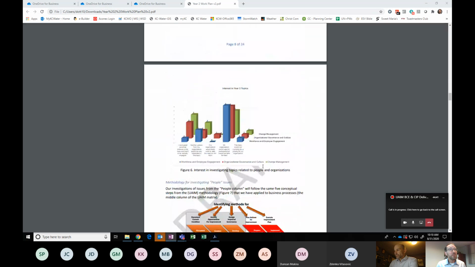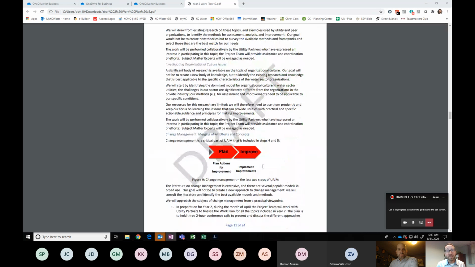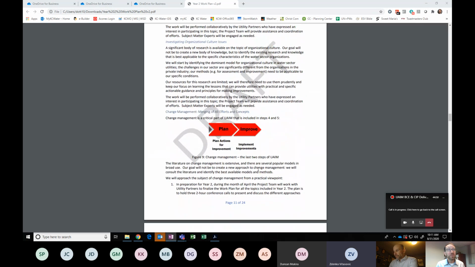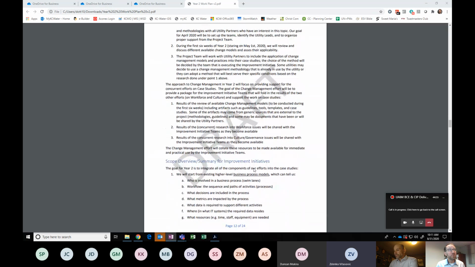The other thing I wanted to point out in this document, there's a lot of good information. There's also lots of information about the other tracks and the other initiatives that are going on. So don't get bogged down or distracted by that if you're not working on those things.